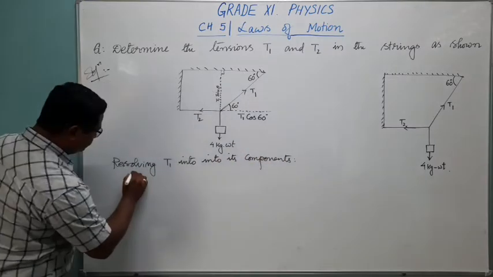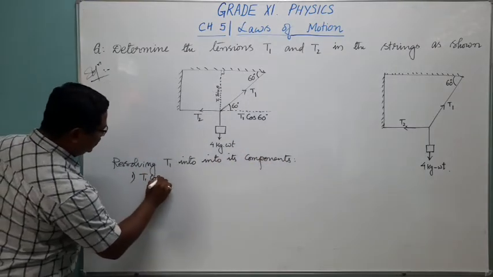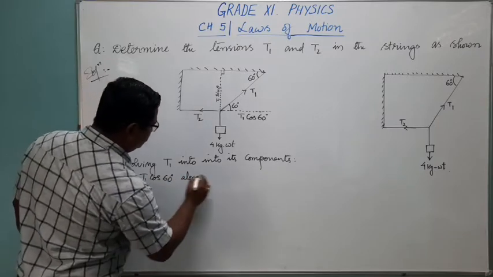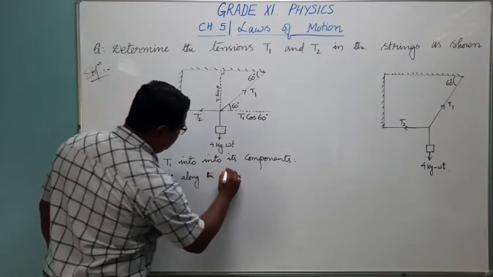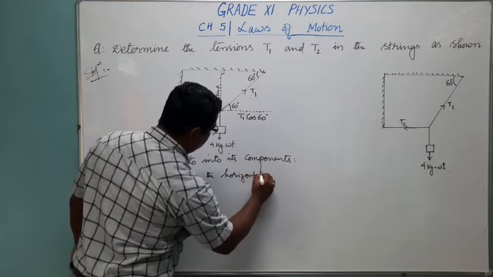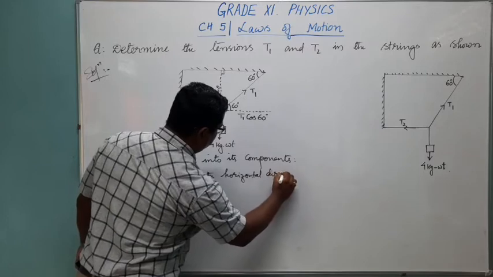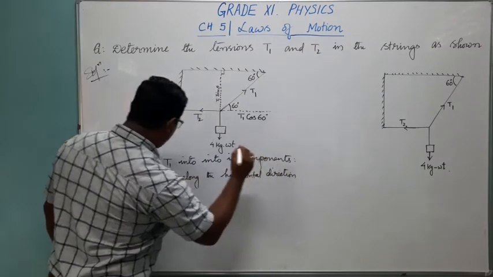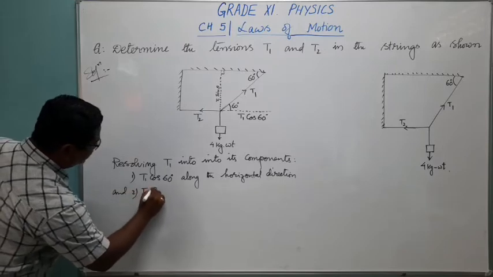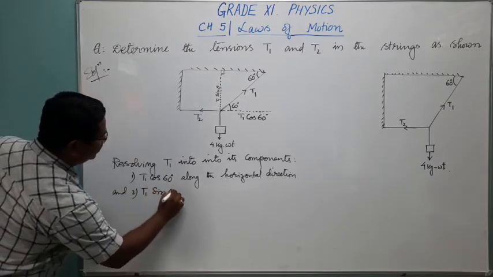Number 1, T1 cos 60 degree along the horizontal direction, and one will be T1 sin theta. This is sin 60 degree.